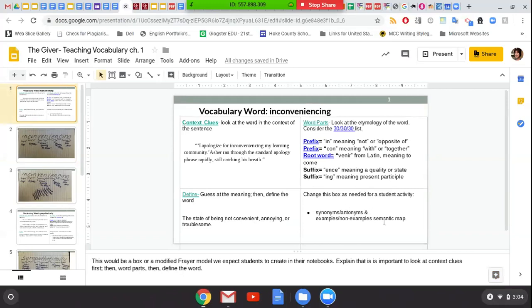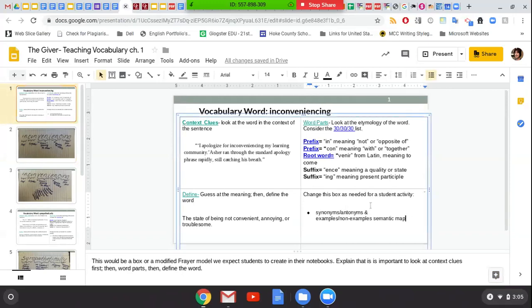Now down here I have to decide what type of student activity I would do. I could do synonyms and antonyms. I also could do a word part challenge. So I could tell students, look up the actual root word, not just venire from Latin meaning to come.